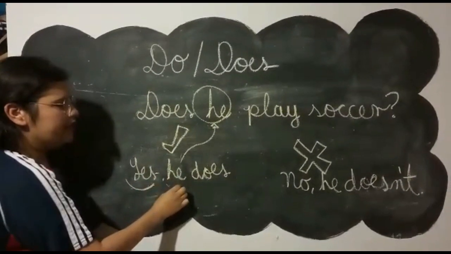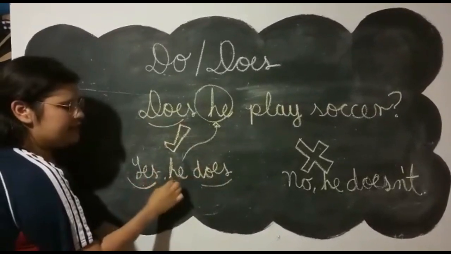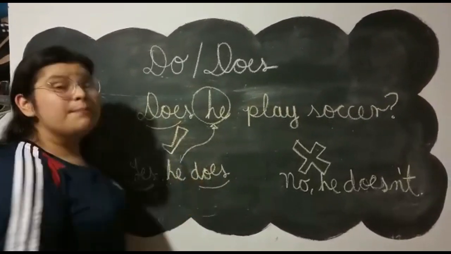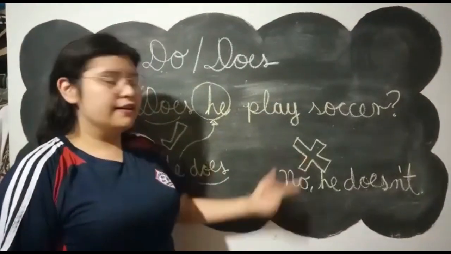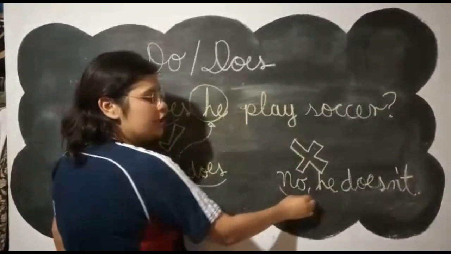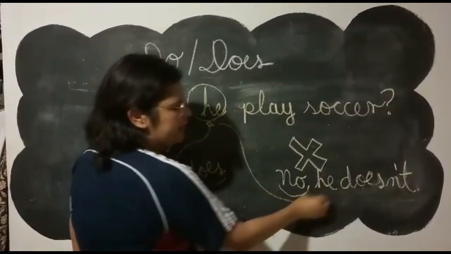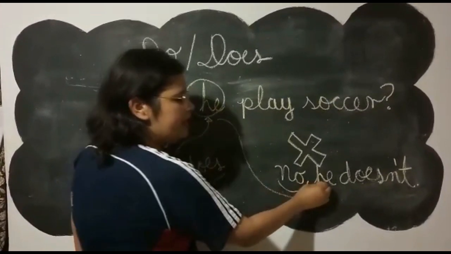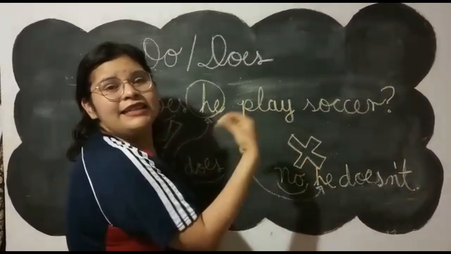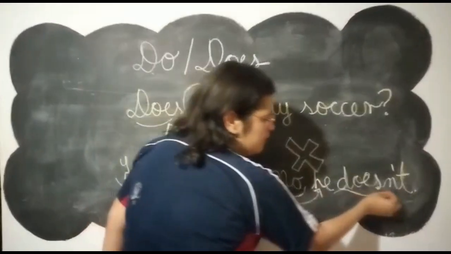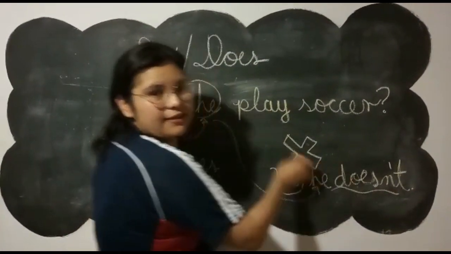Yes, he, and the auxiliary does. Yes, he does. But if your answer is a negative answer, we start with the word no, then the same subject, no, he, and the word that we're going to use is doesn't. No, he doesn't.